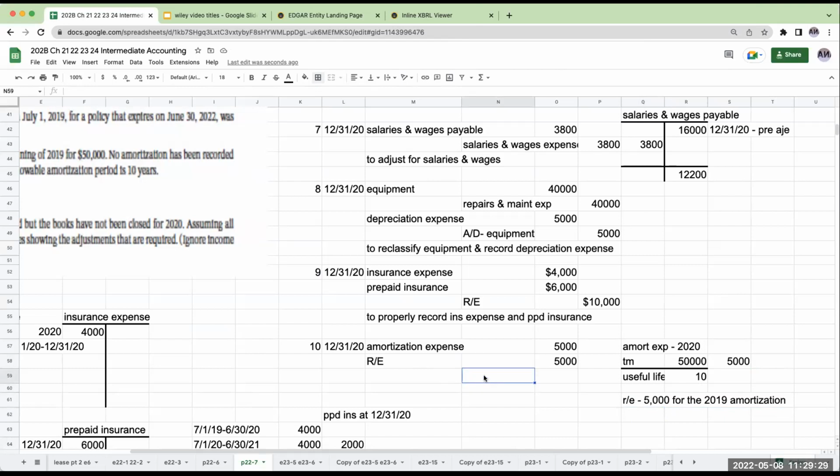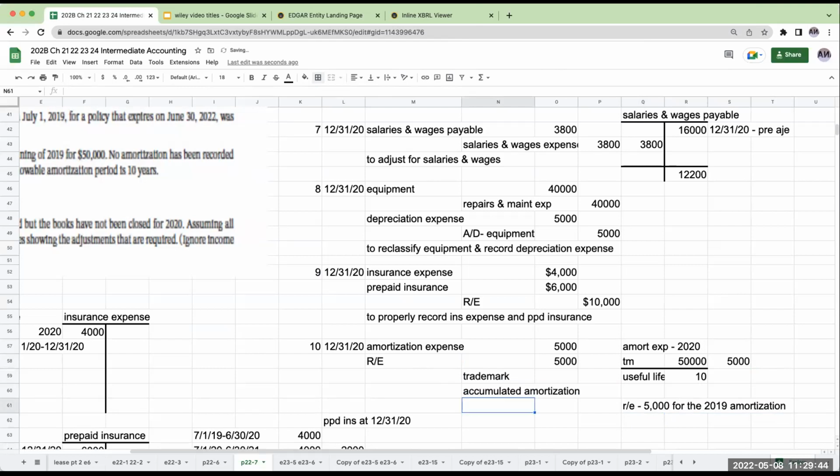Now, in terms of the credit side of this, I have two options. I can directly credit the trademark, or a better one I like to use is accumulated amortization for that trademark. And over here, I would show this as a 10.